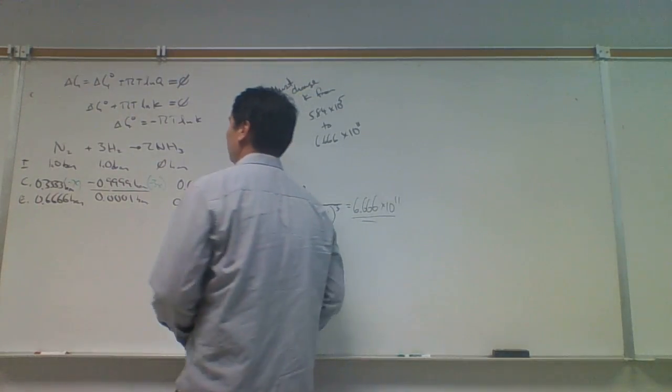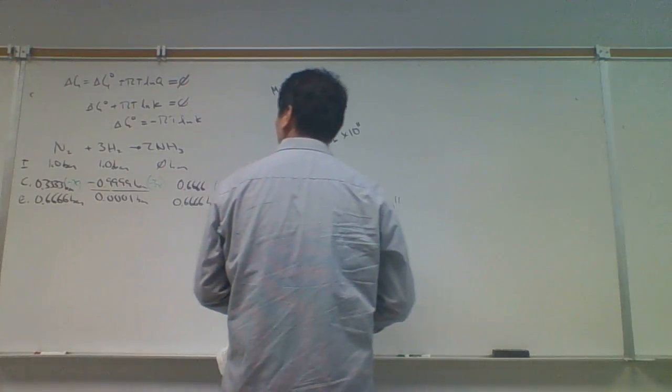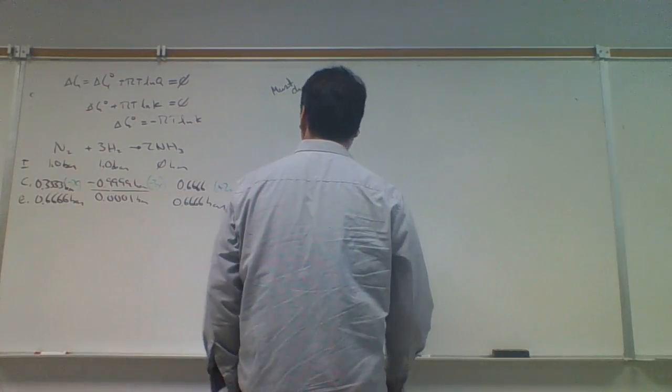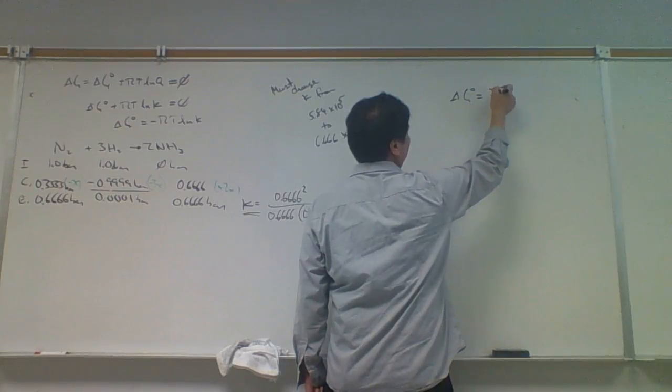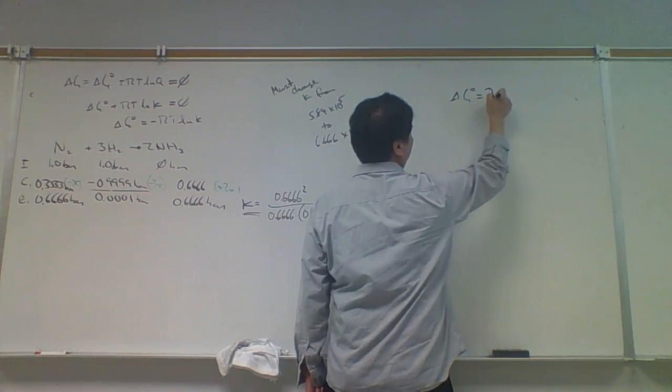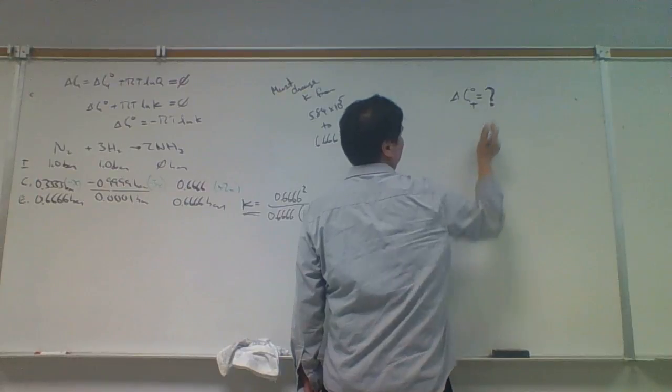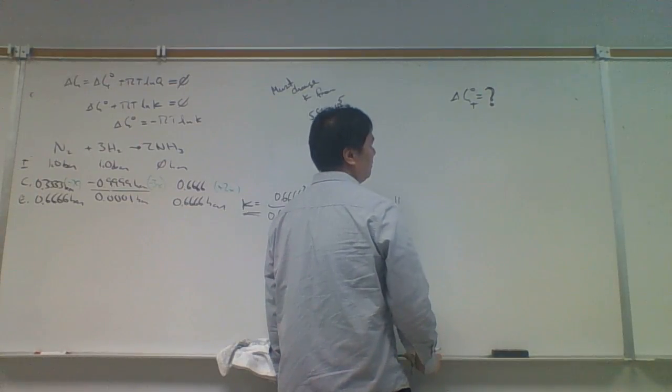This is what I ended up doing last time. We don't know what delta G at temperature T is. We aren't going to get that. Well, we know that delta G naught is also equal to what?